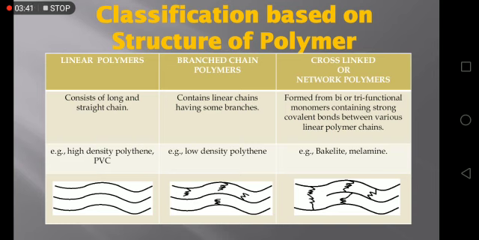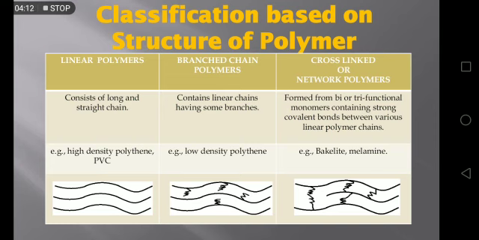And cross-linked or network polymers are formed from bi or trifunctional monomers, that is, the monomers having 2 or 3 functional groups in them, which can help in the cross-linking of the chains. Examples you can see here, HDP, high density polythene, and PVC. And second category has example LDP, low density polythene.